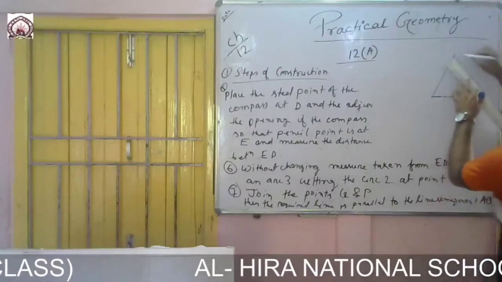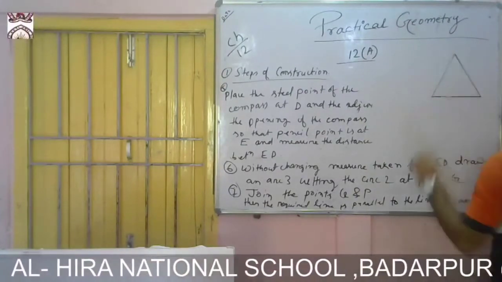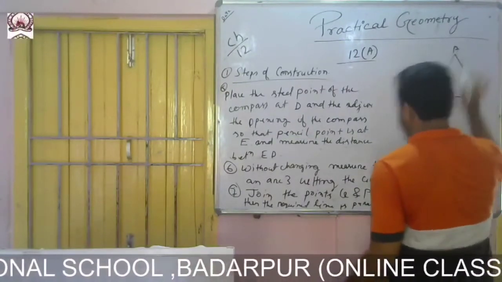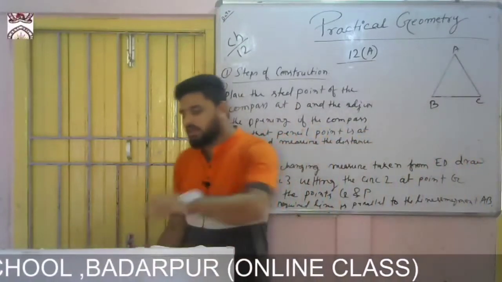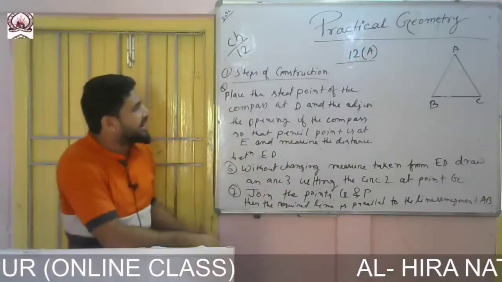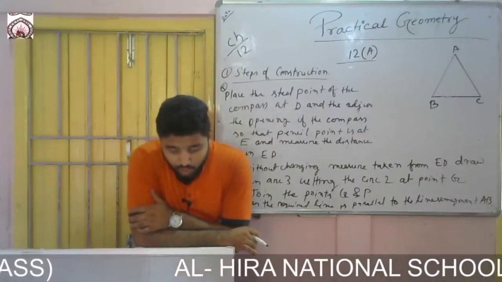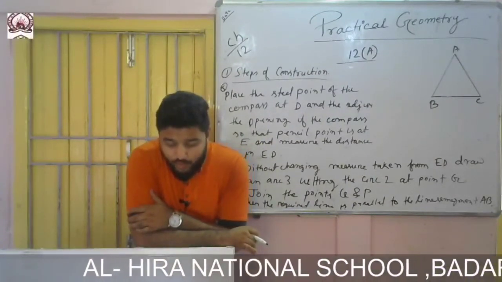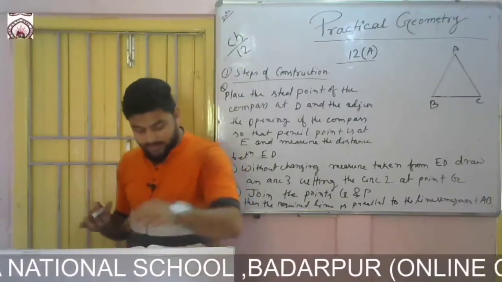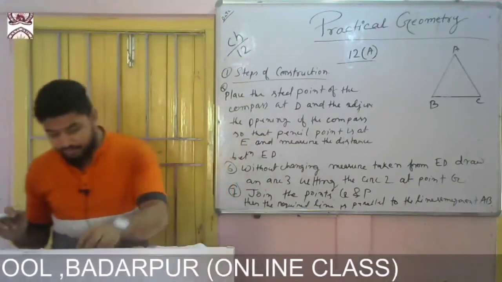Then join this. Now BCA, so it is a triangle ABC. Now through A, draw the line parallel to BC.